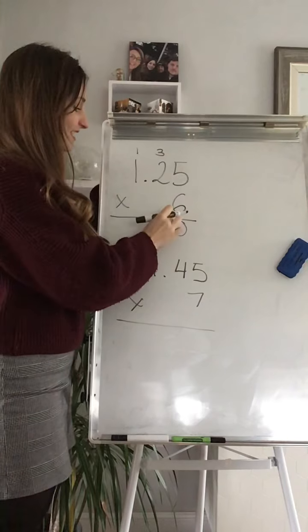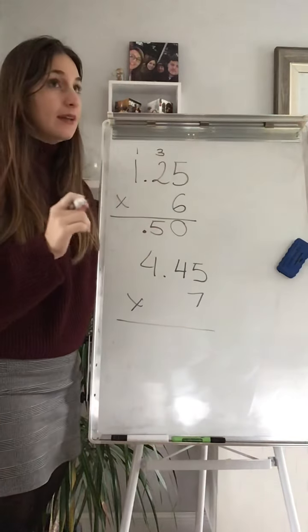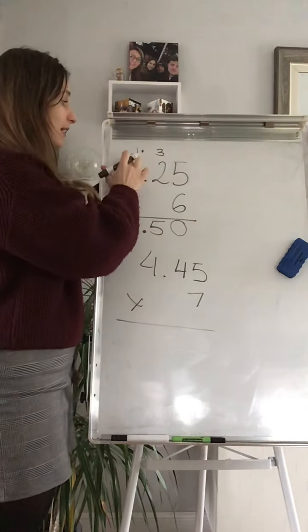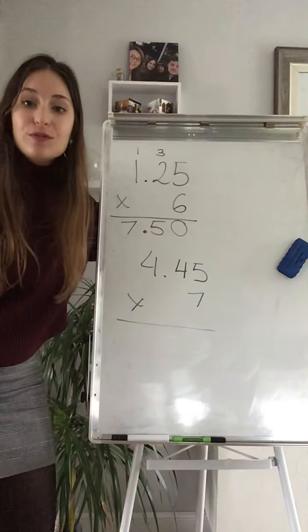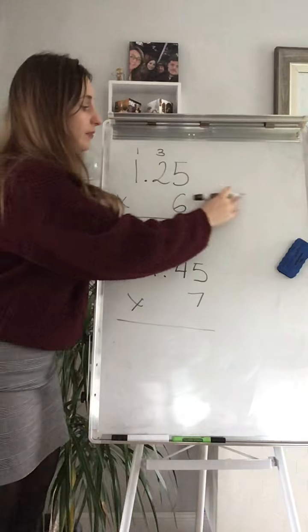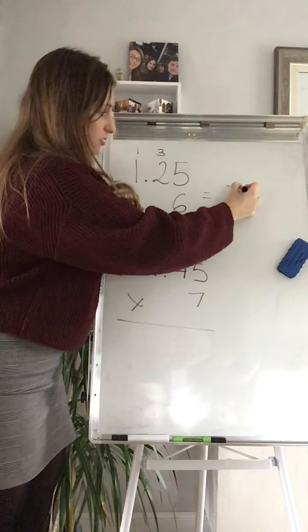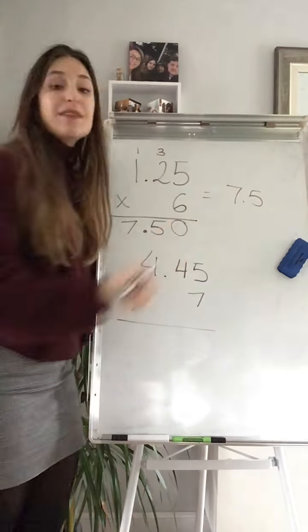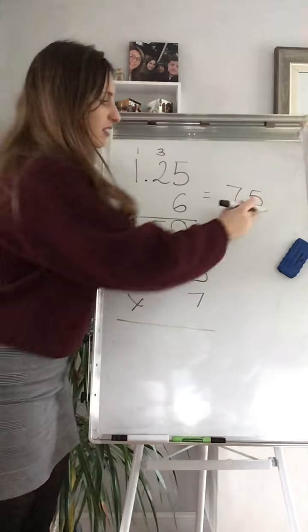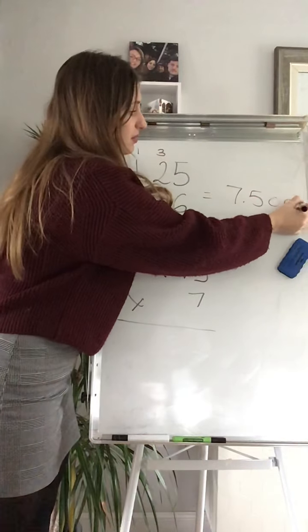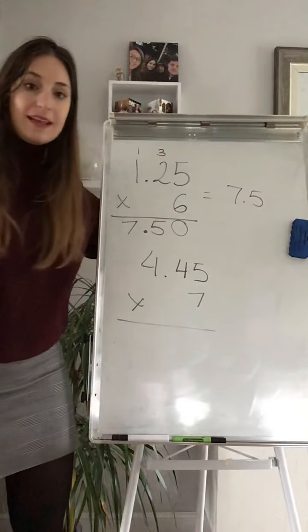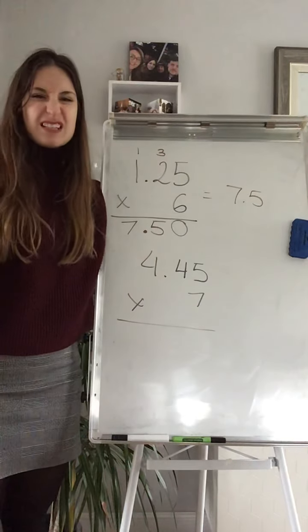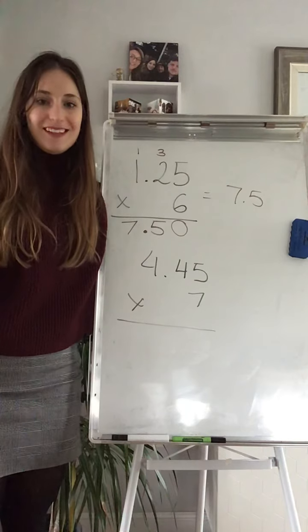Decimal point. 6 times 1 is 6, add 1 is 7. So 7.50, or if you want, 7.5, because if there is a 0 there, it doesn't matter. You could just put it like that, because it doesn't really hold any value there.